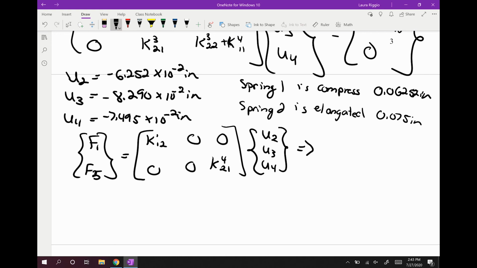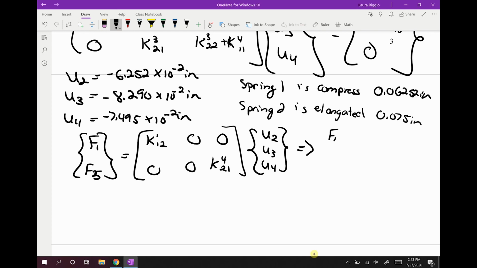However, nothing stops you from going back and using the full system of equations to solve for your unknown forces, and it's also a good check because it should spit out the forces that you already know.